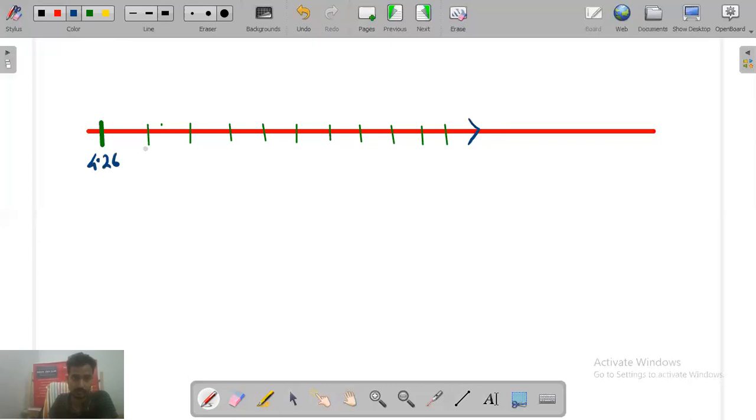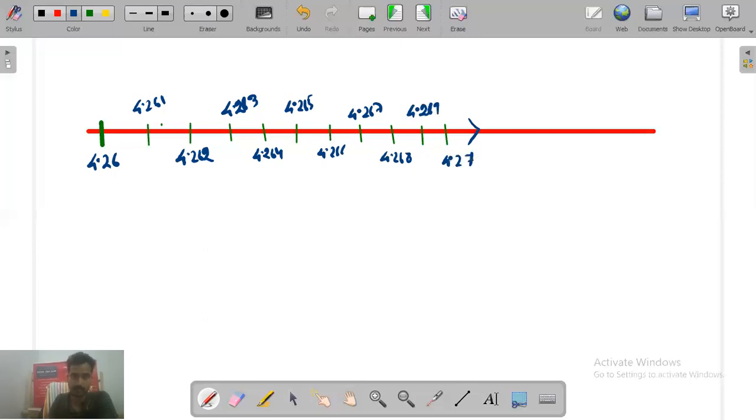So it will be 4.261, then 4.262, 4.263, 4.264, 4.265, 4.266, 4.267, 4.268, 4.269, then 4.27. We have divided 4.26 and 4.27 into 10 equal parts.